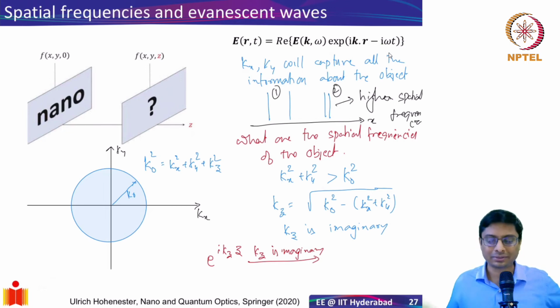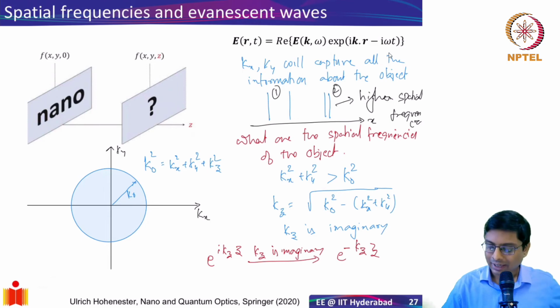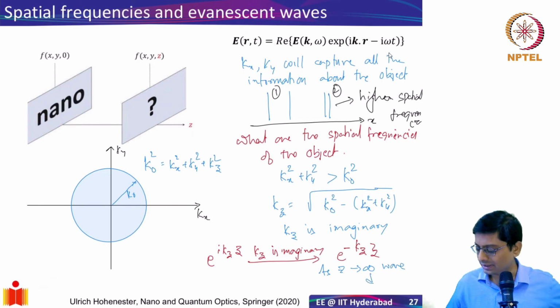What happens when my kz is imaginary? Well, this exponential i kz z becomes exponential minus kz z. What does it mean? As z increases, as z goes to infinity, the wave decays.